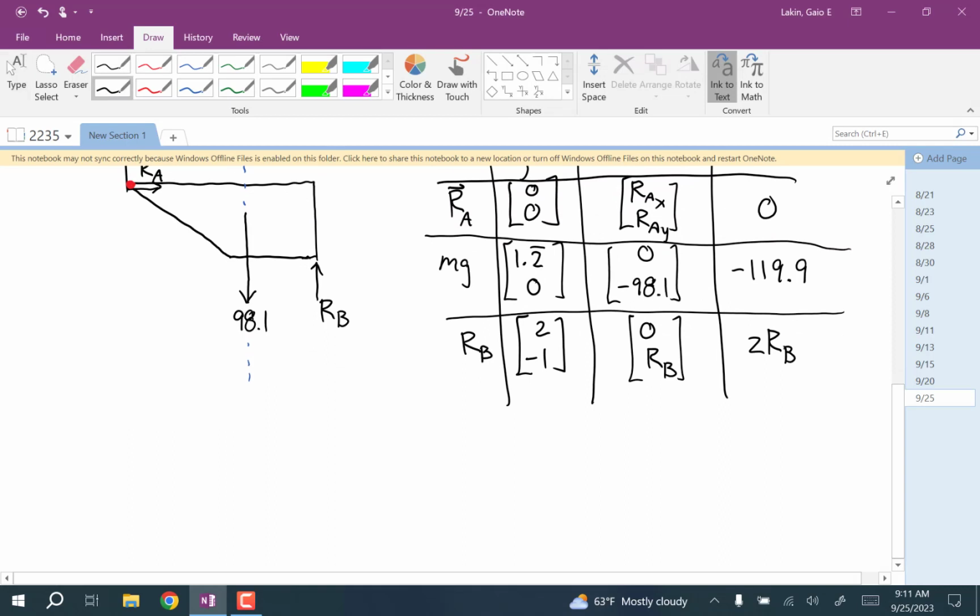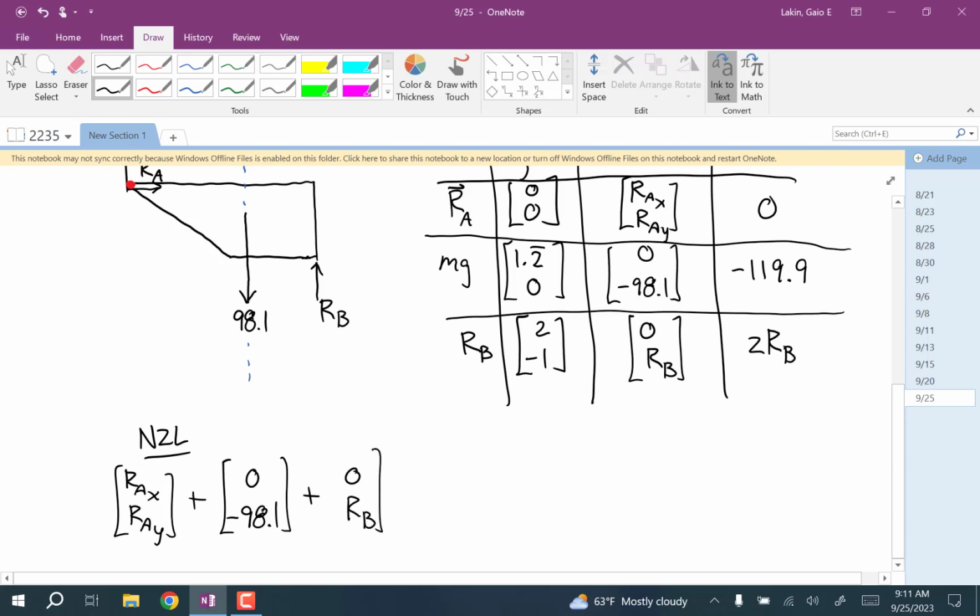Now the force equation, Newton's second law, says RAX, RAY plus 0, negative 98.1 plus 0, RB is equal to zeros.